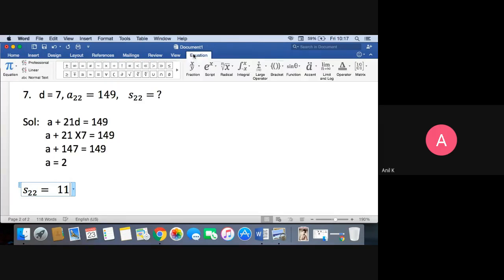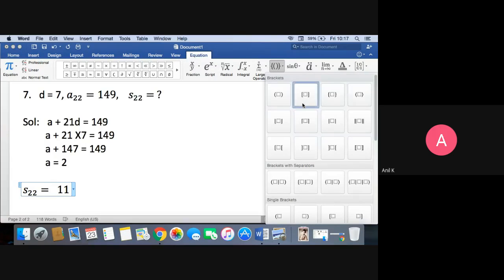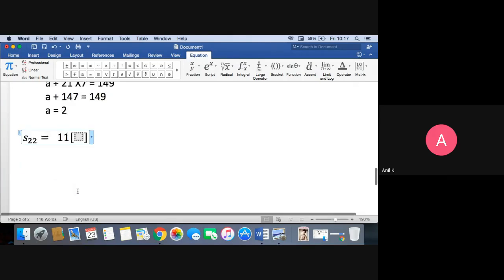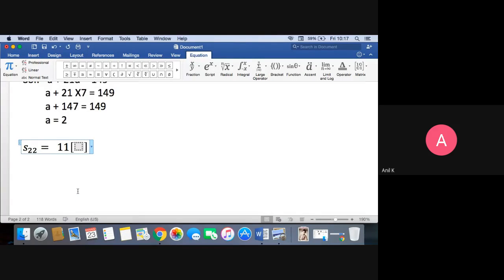I'm putting the steps directly. Because n is 22, n by 2 means 11, times 2a, a value is 2, so 2 times 2 is 4, plus n minus 1. N minus 1 means 22 minus 1 is 21, multiplied by d, that is 7.